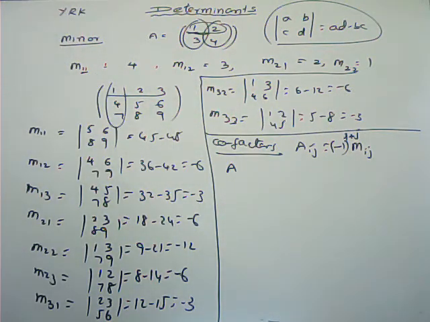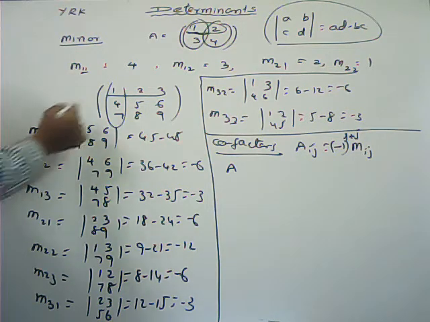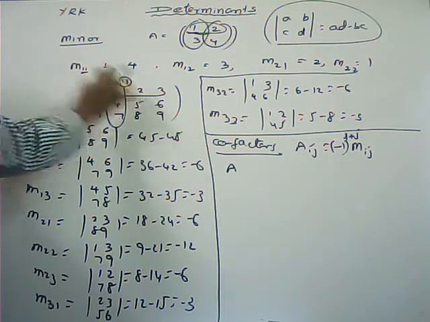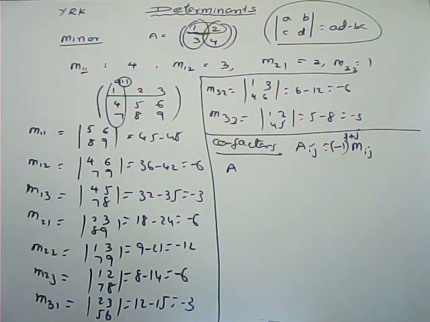Here the difference between minor and cofactor arises based on the position of the element. For example, this is the first row first column element A11. Here 1 plus 1 is 2, and 2 is even.